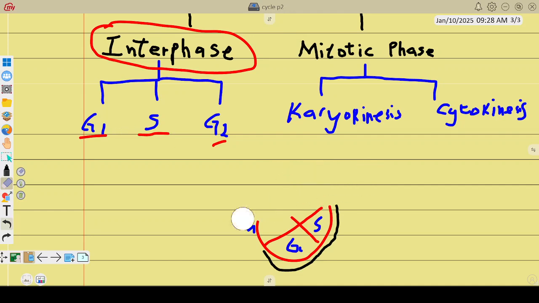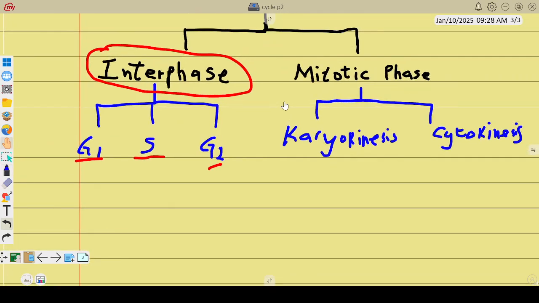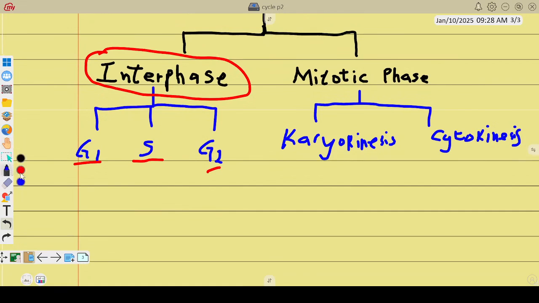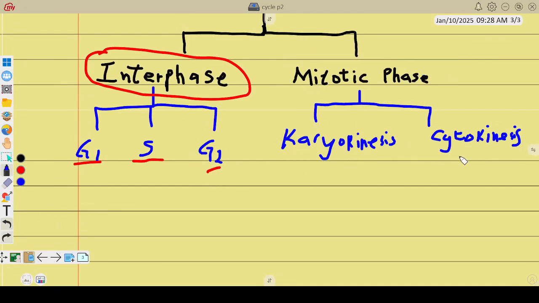In today's lesson, we're looking at mitosis and later on cytokinesis. We did interphase. Now we have come to the mitotic phase, where we're going to look at mitosis, which I said is nuclear division, and cytokinesis, which is cytoplasmic division.